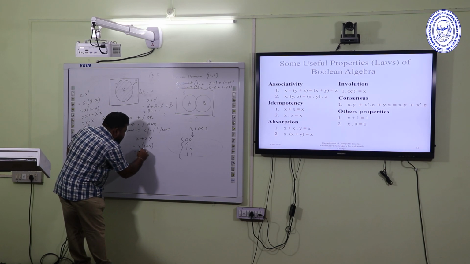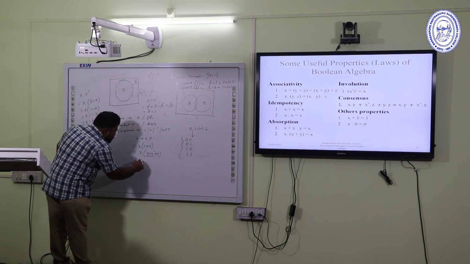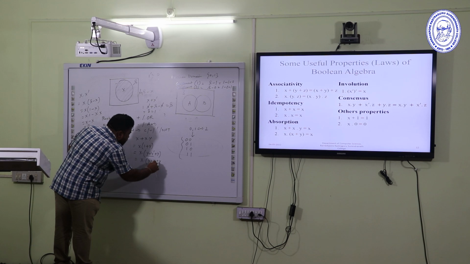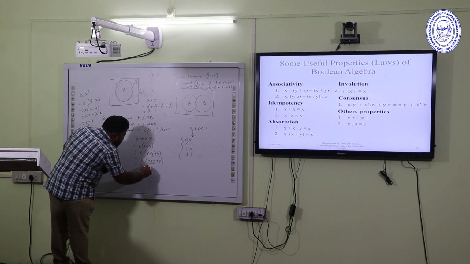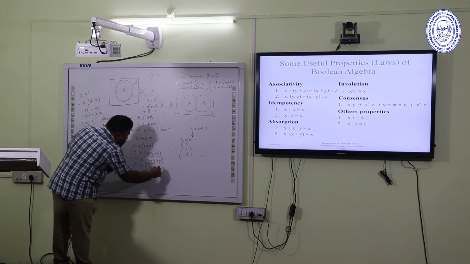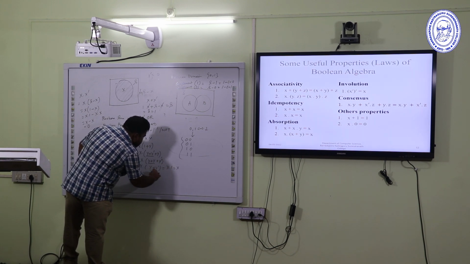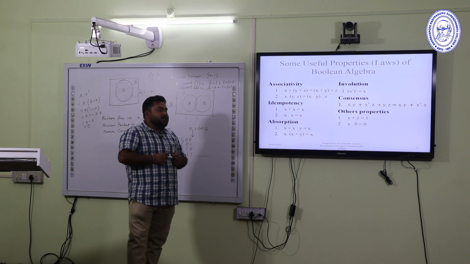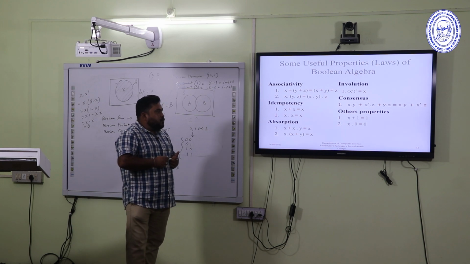Now, if we take Y plus Y prime, that equals 1, that is equal to X. So from the absorption law we can get X plus X dot Y is equal to X, and from another principle X dot (X plus Y) is equal to X.